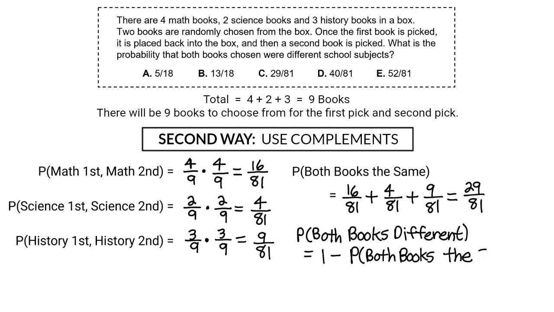And so that's going to end up being 1 minus, and we ended up with 29 over 81. And so it looks like the probability that both books are going to be different is once again 52 over 81. So once again, the answer is E.